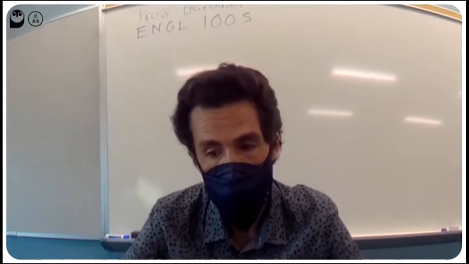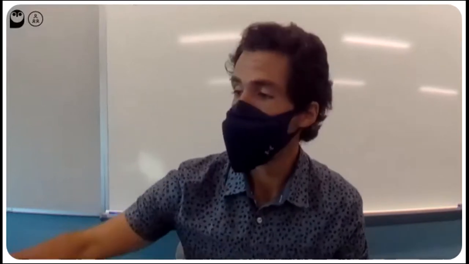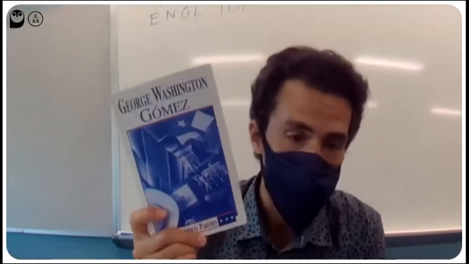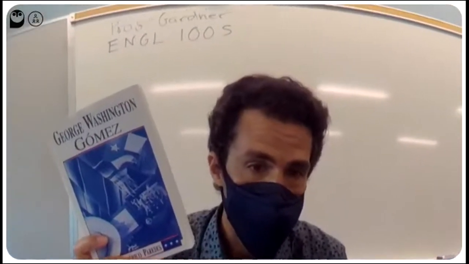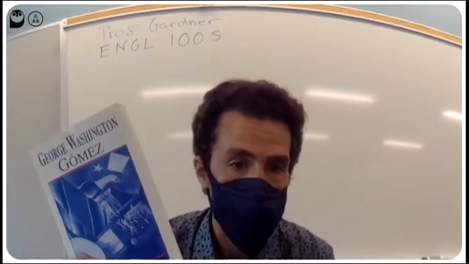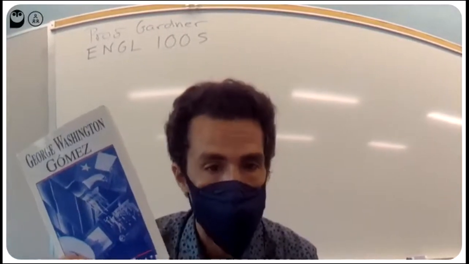It's probably pirated, but I know that it is the same as the hard copy that you're going to get on Friday, okay? So either way, one group is going to be named Esperanza and the other group is going to be named Gualinto. Gualinto is the main character from this book. This is called George Washington Gomez. We won't start reading this book until later in the semester, okay?